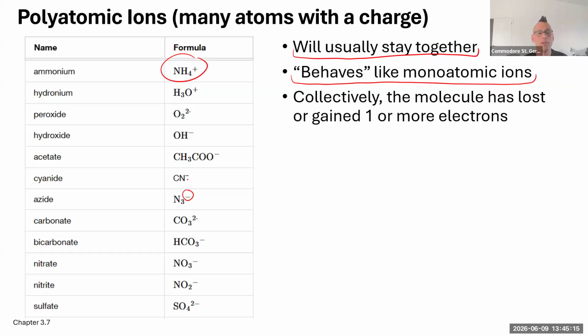Like this 1 minus means collectively, all those three nitrogens gained one electron, right? Not every individual nitrogen got one electron. N3, the total molecule, picked up one electron. Where carbonate, it's a 2 minus, it picked up two electrons. So a carbon and three oxygens are together and they're sharing electrons, but collectively they picked up two extra electrons.